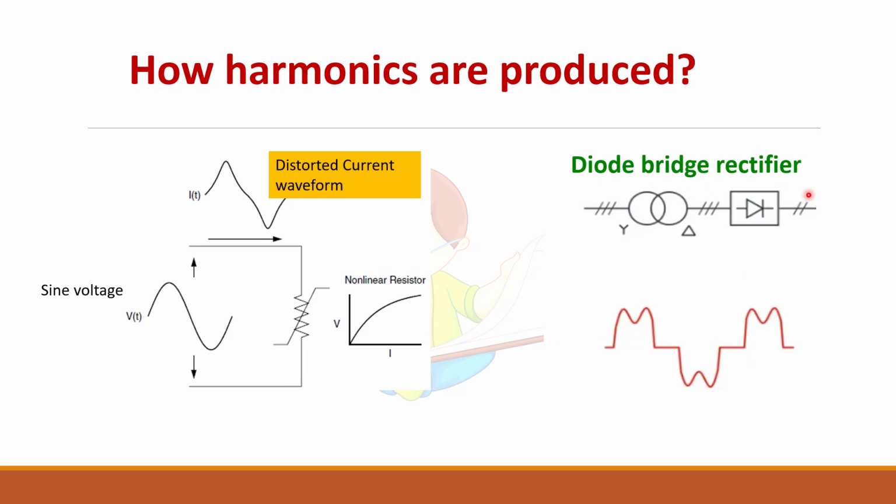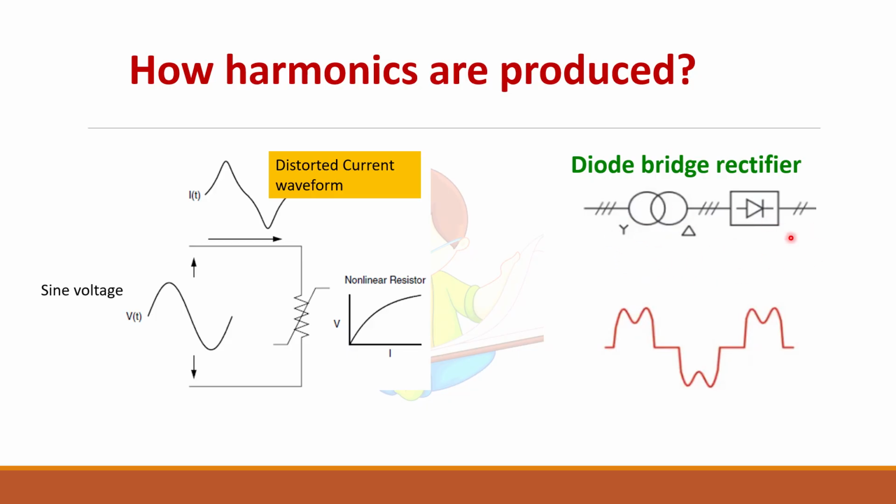In the case of a diode bridge rectifier, you can see the current waveform is completely distorted because all the devices will not be conducting at the same time in a rectifier. Similarly, if we use a thyristor instead of a diode, we use the firing angle alpha to control the output voltage. But what happens is that as you increase alpha, the instant at which the current starts flowing will change.